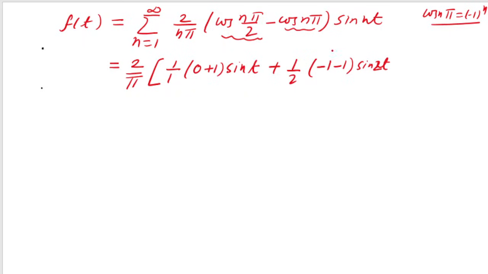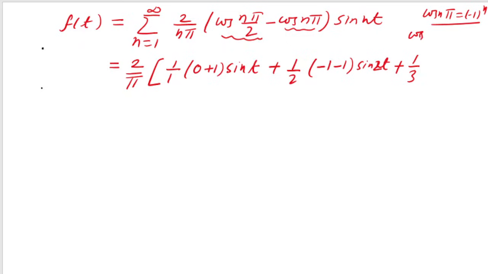And if I write the third term, I will get what? The 2 by pi I have already taken out, so no need to write 2. I will write 1 by 3, and cos 3 pi by 2. Cos 3 pi by 2 is equal to 0.